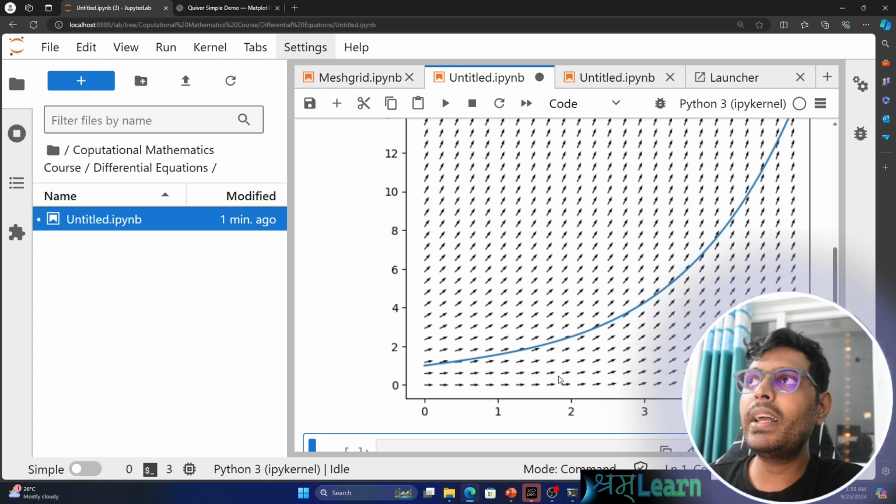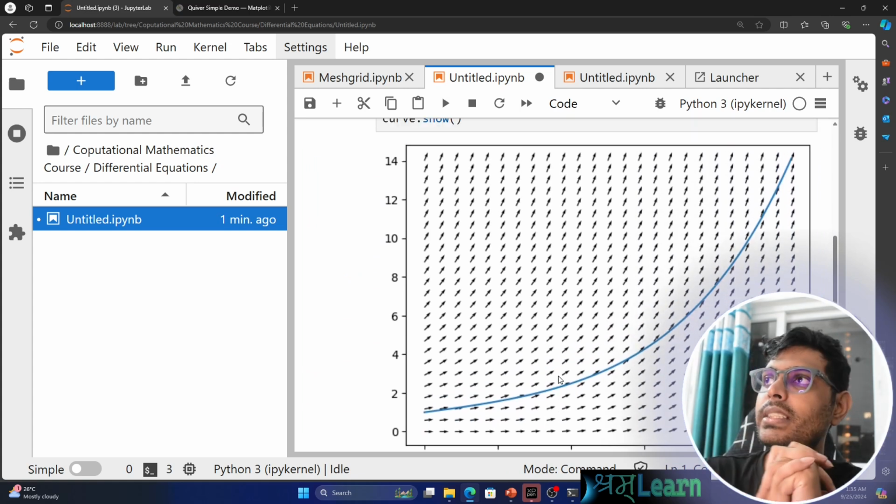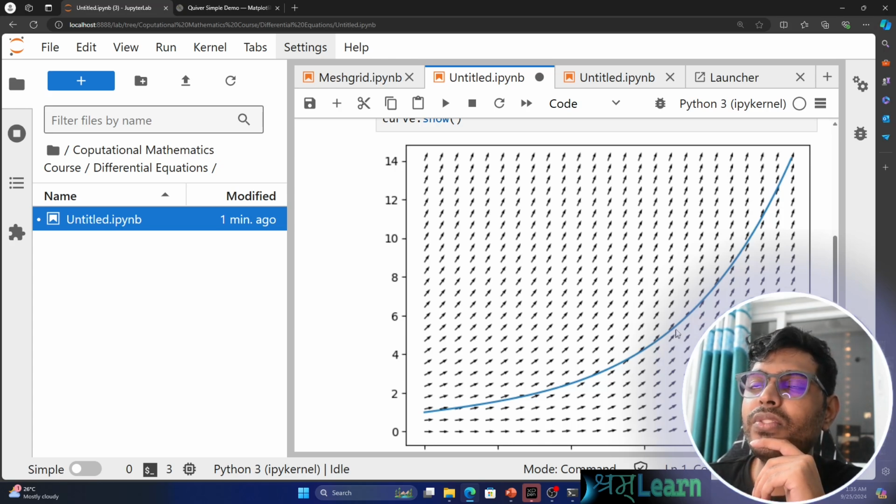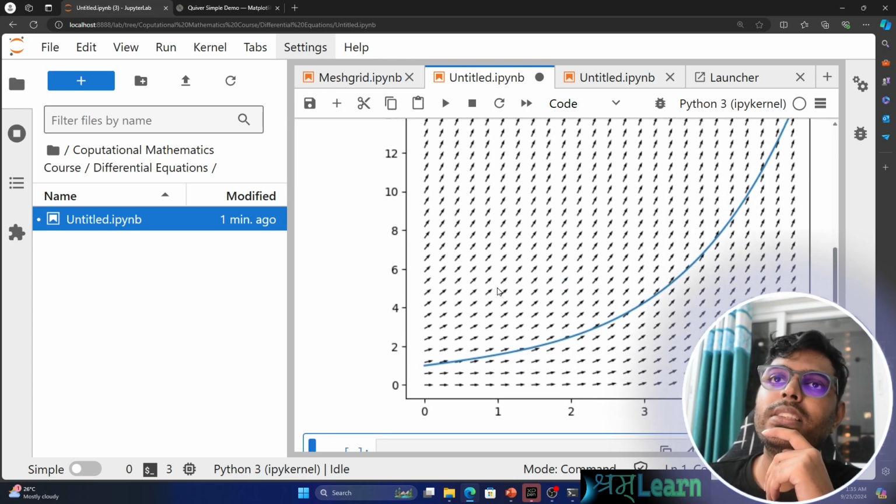So is this magic? No, this is some geometrical aspect that we have to take into account. Okay, fine. So some tangents are falling on the curve. Okay, right. So this is good thing.